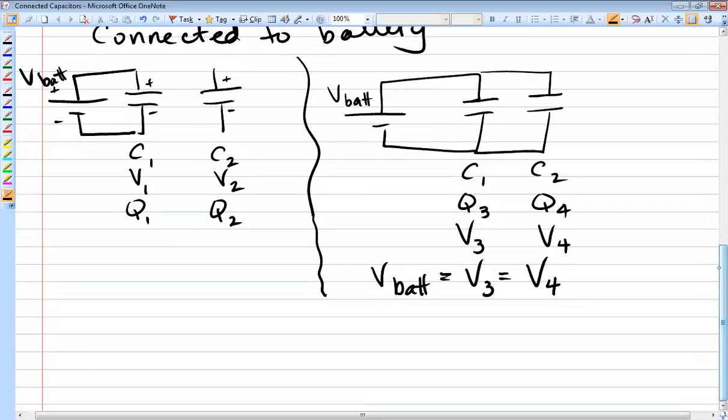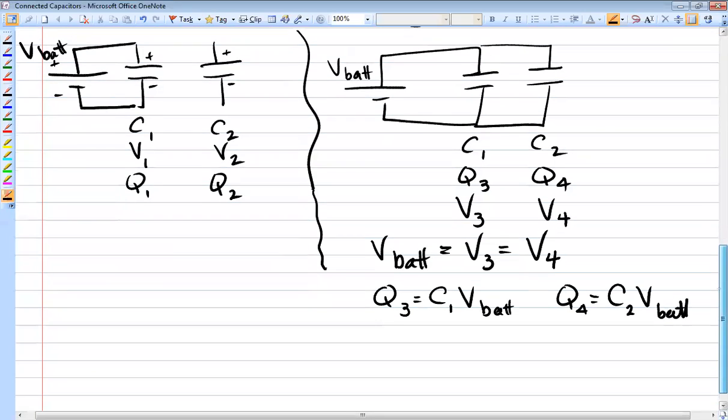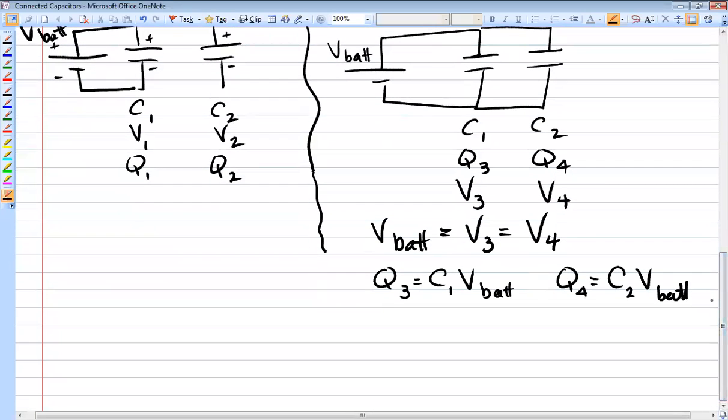So right away, we know that voltage. And then to get the charges, we simply use that Q is CV. So Q3 would be C1 V bat, and Q4 would be C2 V bat. Since we know the capacitors and the voltage of the battery, we can get those two charges. Now, Q3 plus Q4 will not necessarily equal Q1 plus Q2, so we don't write that there.